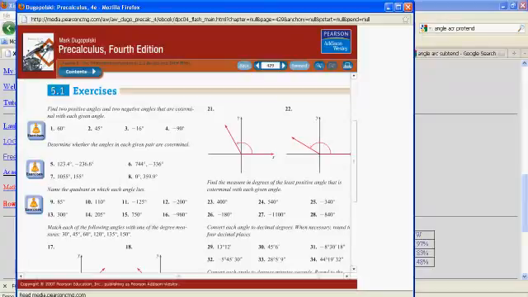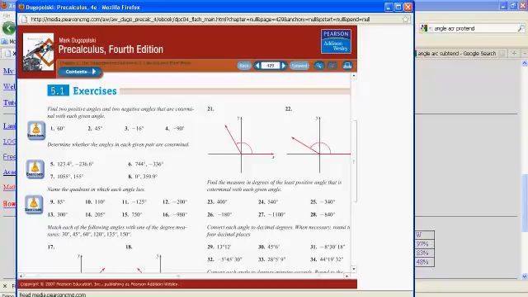And we know the quadrantal angles, which are the multiples of 90 degrees, have their terminal sides on the axis. So their terminal side is not in any quadrant. Now, if an angle is not a quadrantal angle, we can determine the quadrant in which it lies.